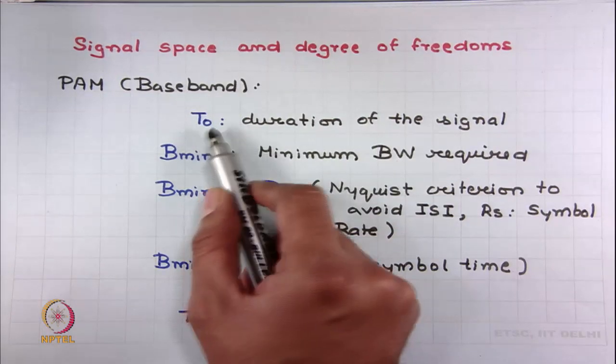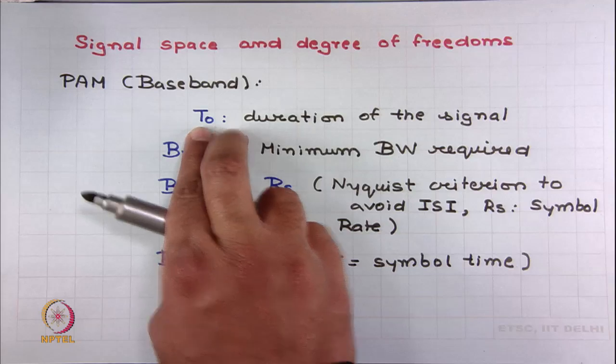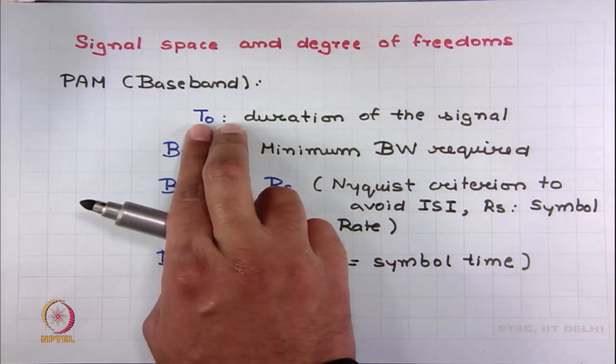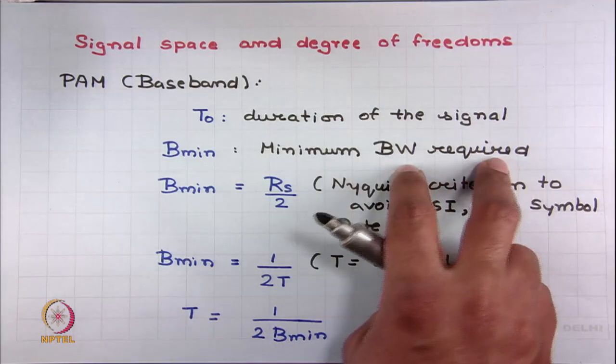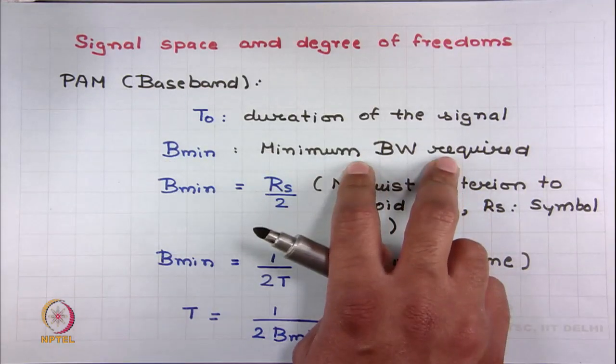We worked a lot on developing the basics so that we can walk freely when we are discussing the main stuff. So, let me revise that. Assume T naught is the duration of the signal, so I have a continuous time waveform with a total duration of T naught, and assume B minimum is the minimum bandwidth required.